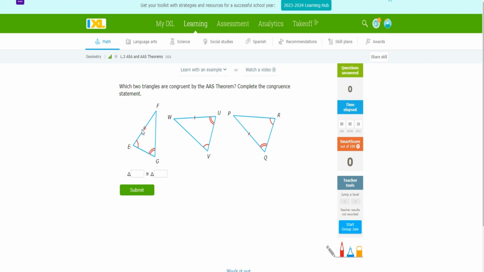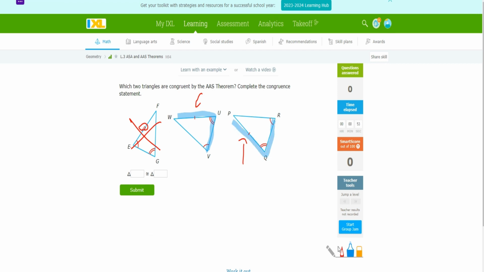In fact, this has 2 tick marks and this only has 1 and this only has 1, so you can't use this one. It's different. I can see that these 2 triangles are congruent by the angle side, and since I started here at that 1 arc, I have to start at 1 arc over here, angle side.